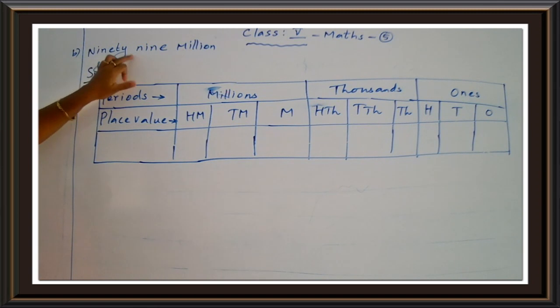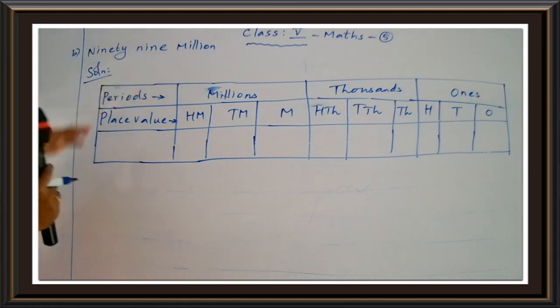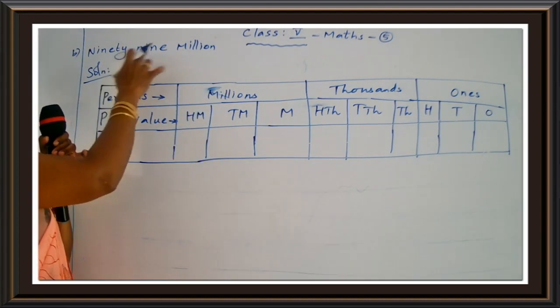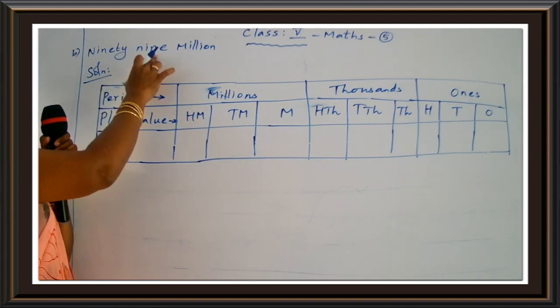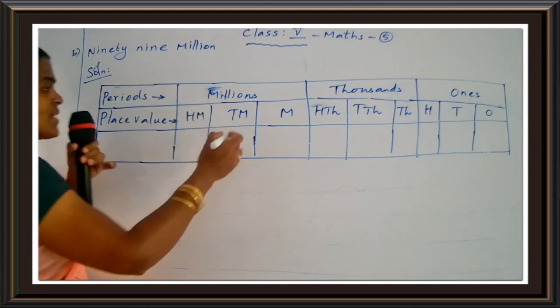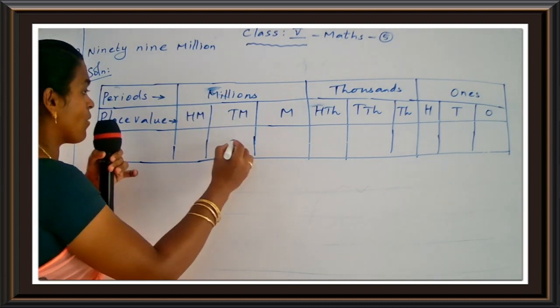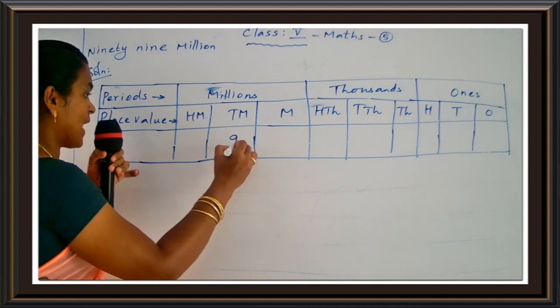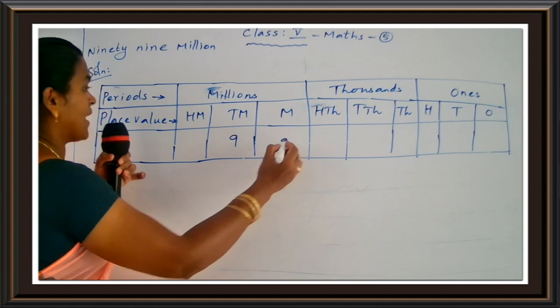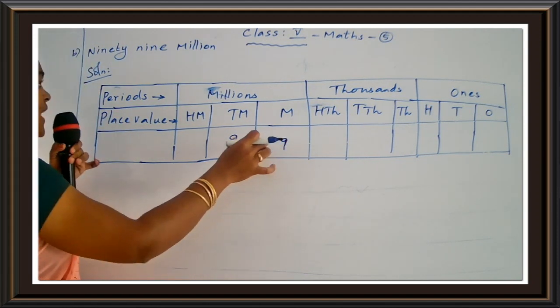How many tens are there? 9 tens, and 1 million is 9 million. So 10 million has which number? 9. So your million period consists of only 99.